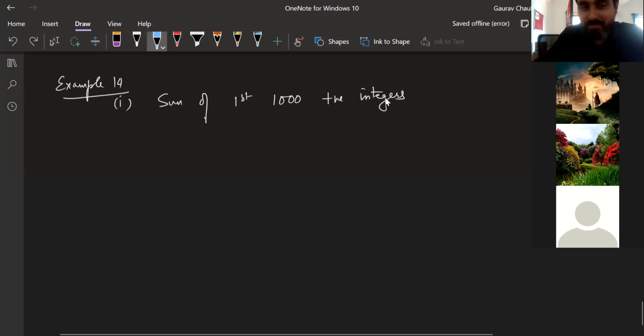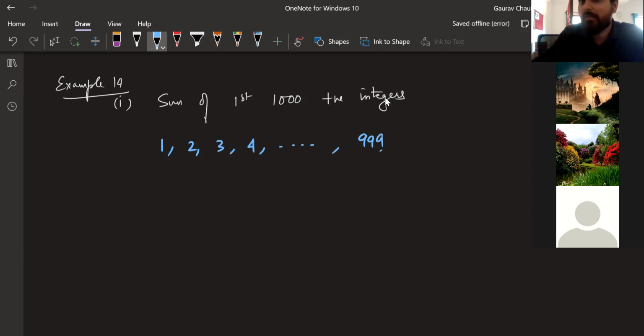The list is 1, 2, 3, 4, dot, dot, dot, up to 999, 1000. This is our list of the first positive integers. This also happens to be an AP. Why is it an AP? Because the jump is plus 1 every time. The d is constant, plus 1 every time.